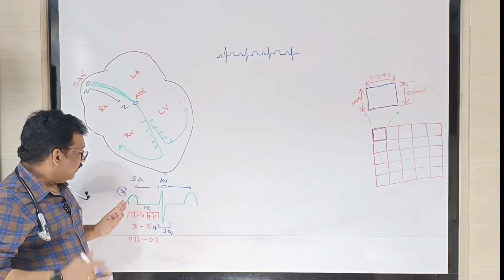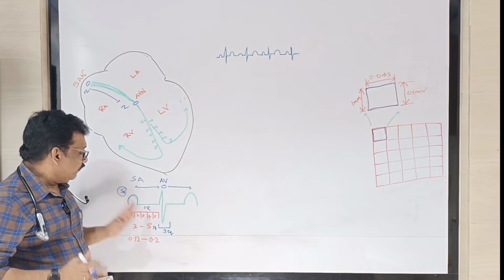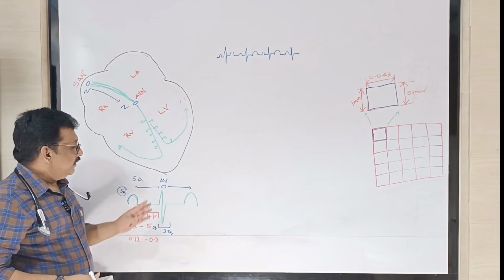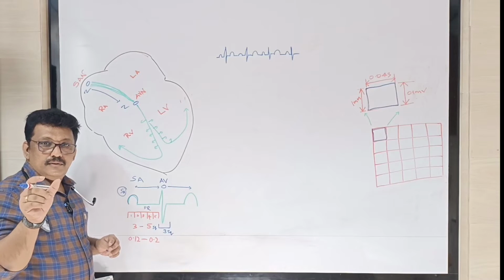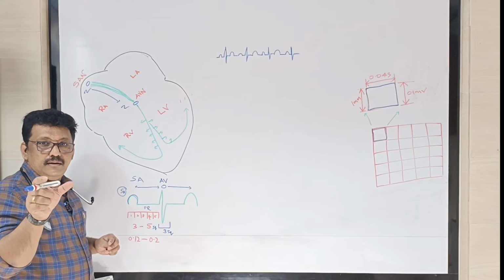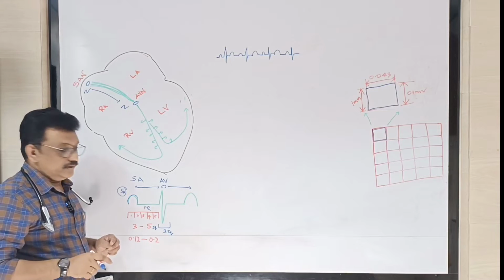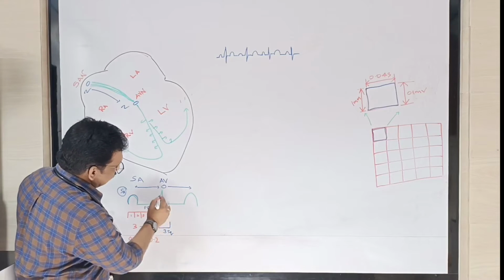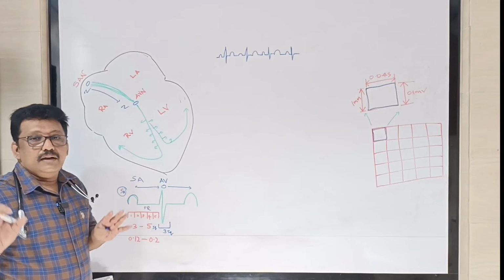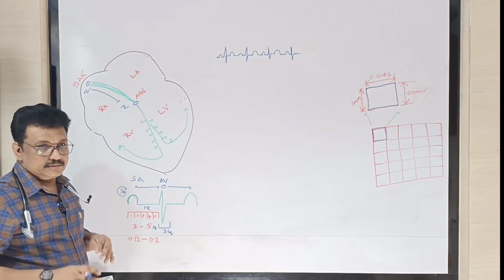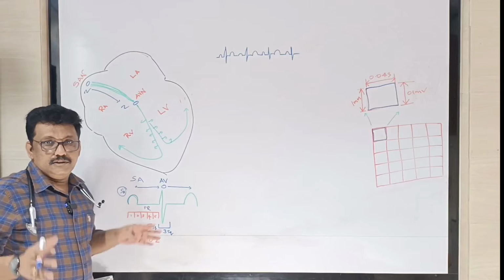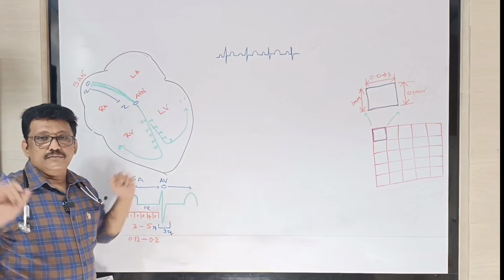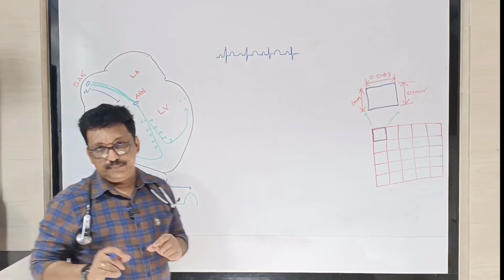Whereas the QRS complex should finish in between 2.5 to 3 small squares. If it finishes within 2.5 to 3 small squares, then we can call it a narrow QRS complex. In the lowermost part of the ECG paper, you have a rhythm strip.